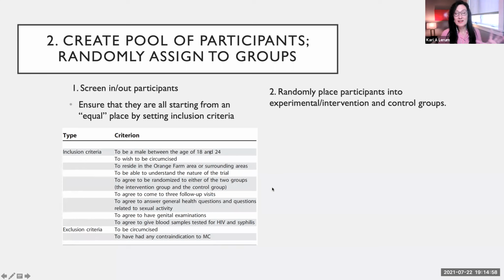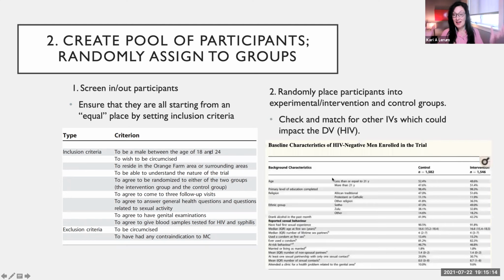After the pool was created of like-minded and able-bodied people, then they placed them randomly into one of two groups, experimental or control. After they did that, they also had to check and match to make sure that other variables, which might be impacting the dependent variable, were the same across both groups. So they had to double check there.